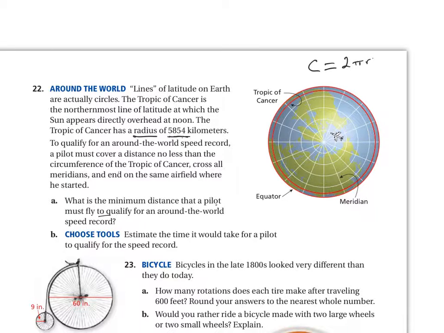All right. And then you're going to estimate what kind of tool we're going to figure out. You might have to use your Google search to see for the speed record. Estimate the time it would take for a pilot to qualify for the speed record. Does it give us any more information that would help us with that?